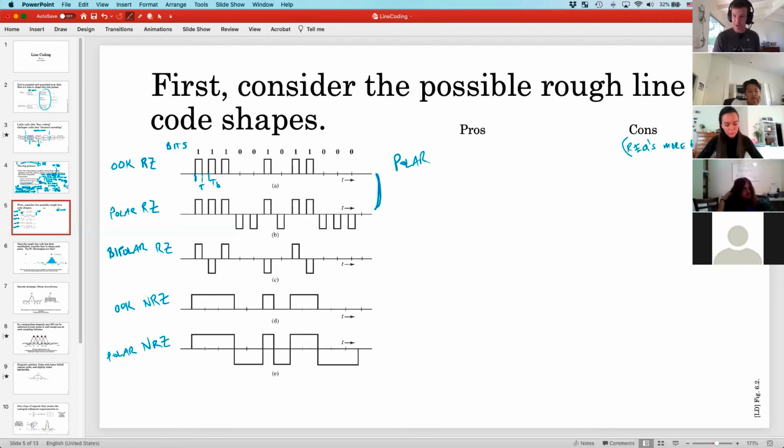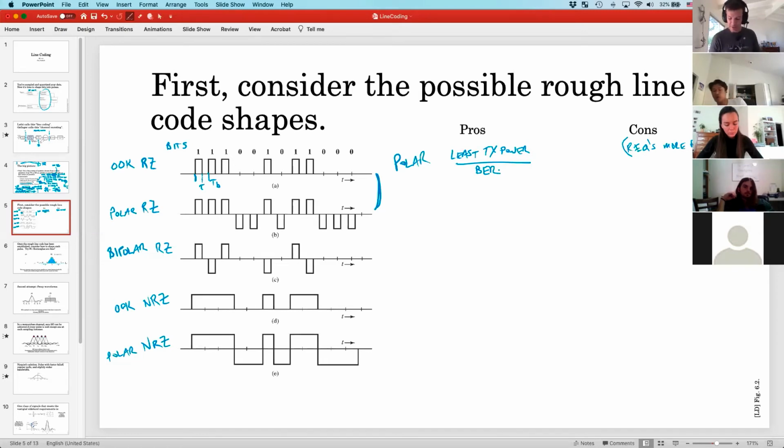And between polar and on-off keying, I don't think it's hard to see why polar has a better error rate per power ratio. So this actually has least transmit power per bit error rate.